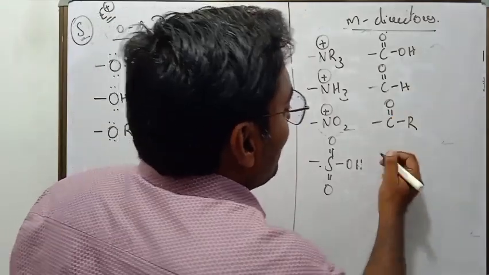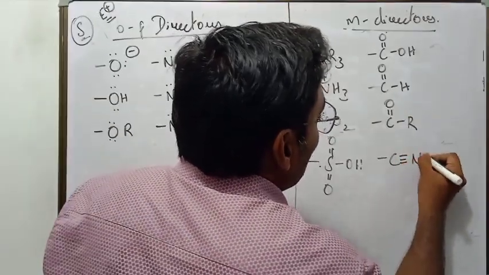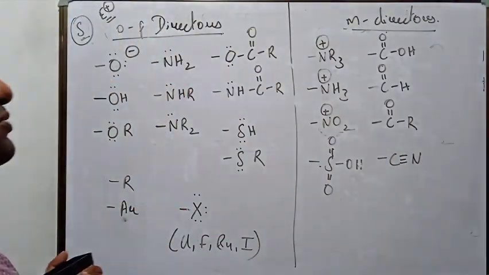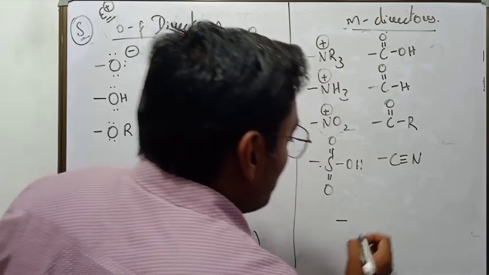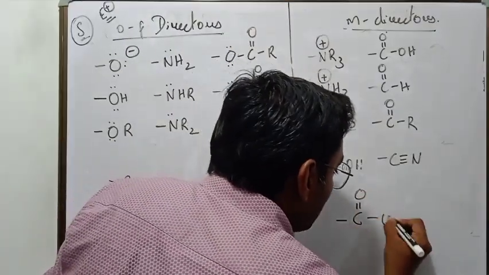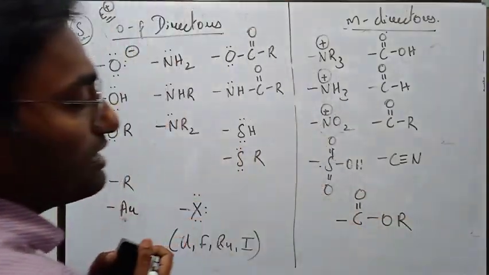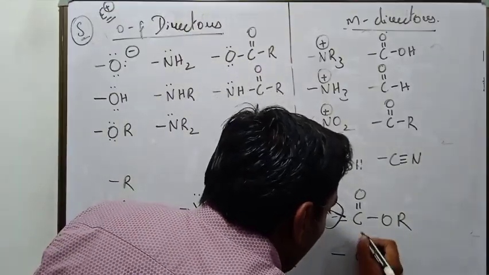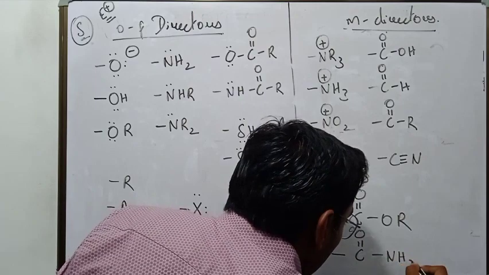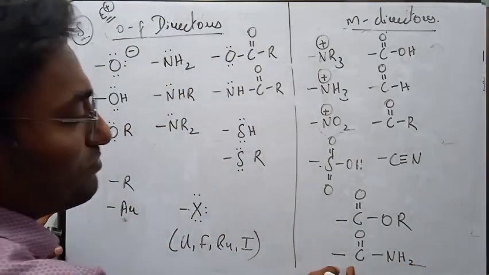Look at the nitrile group, here also carbon can become positive. Look at this ester group, here also carbon can become positive. Look at the amide group, here also carbon can become positive.